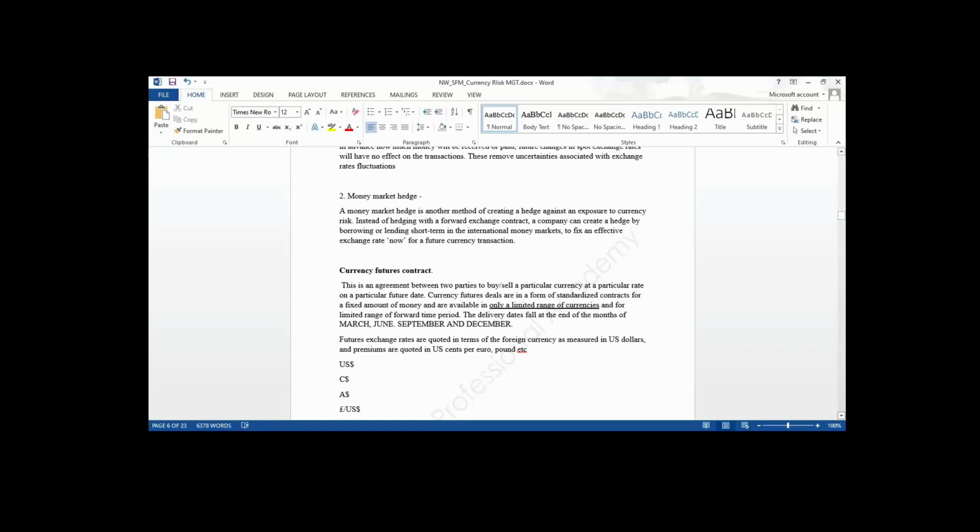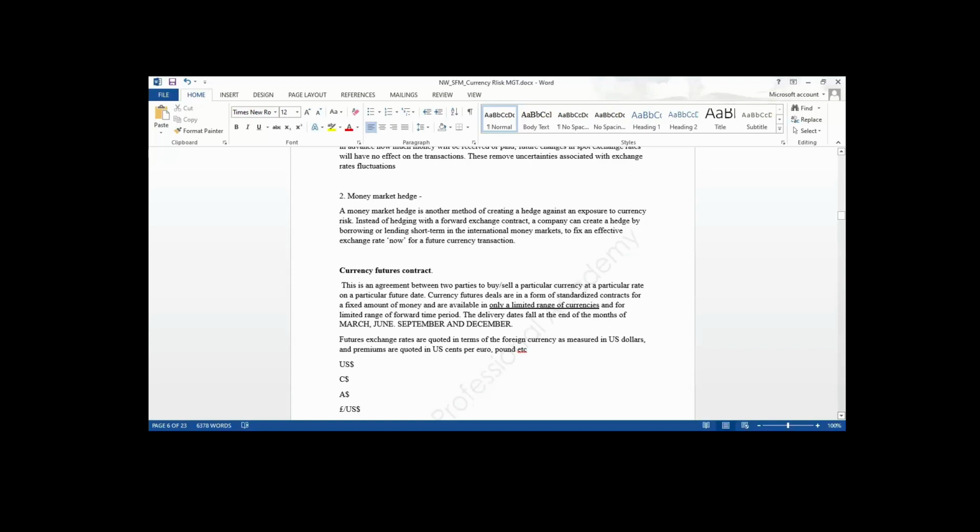Please, I need to take this gradually here. Foreign currency futures contracts are available only in limited range of currencies for a range of forward time period.